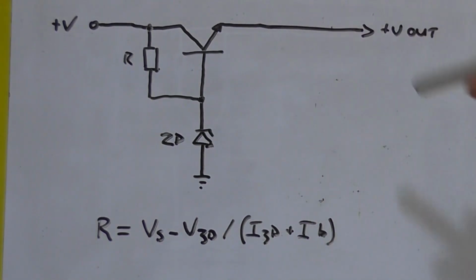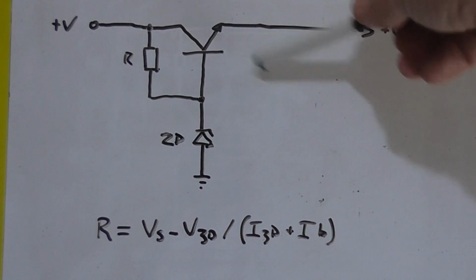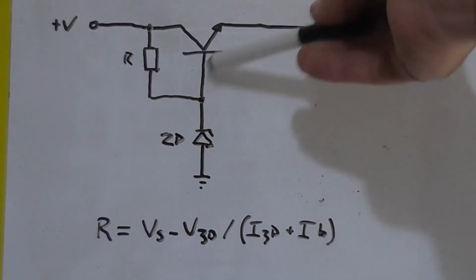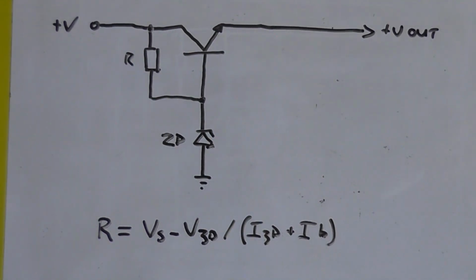So I've got the positive one here drawn, as I've said, just as a refresher, and it's pretty easy to convert this to actually look at the negative voltage supply in a bipolar supply arrangement.